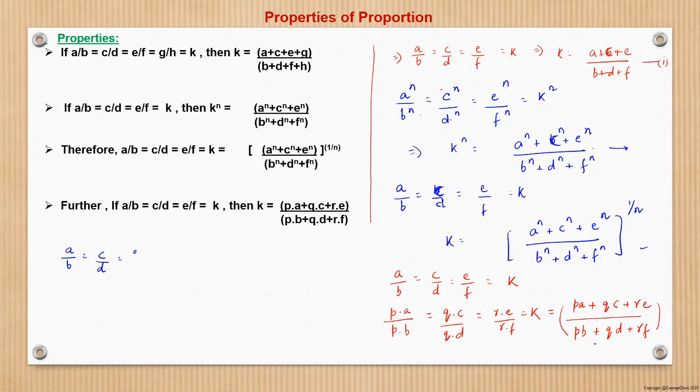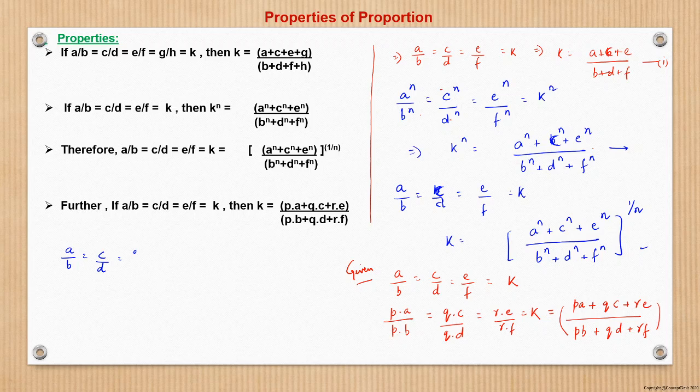So actually we got this from what? This given was this. Given is a by b is equal to c by d is equal to e by f is equal to k. If this is true, I can write this as this. We know that a plus c plus e upon b plus d plus f. But not only this, a or b can take any coefficient, the only thing being that the coefficient of a and b has to be the same.